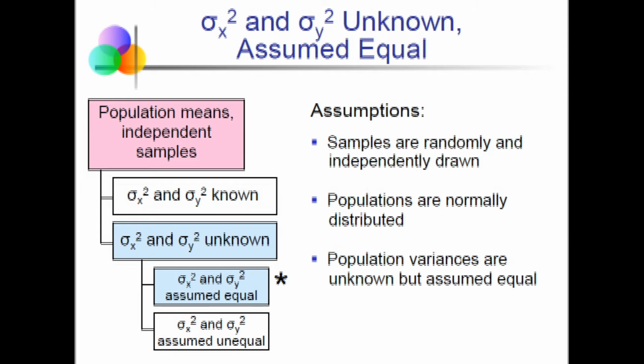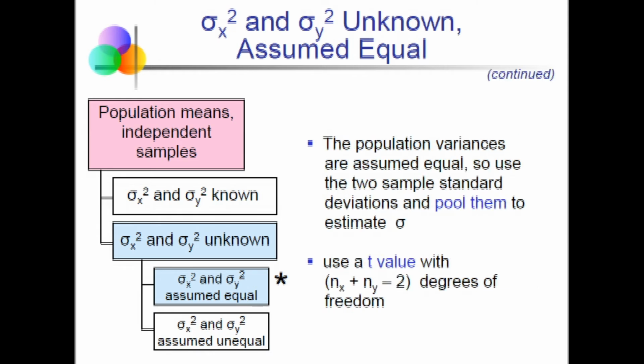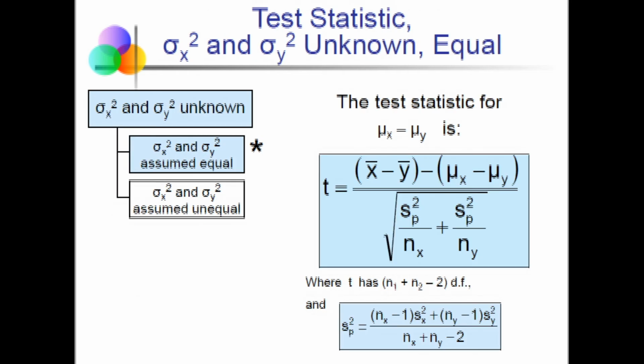So if the variances are equal, we use the pooled variance, and we use the t-value with degrees of freedom nx plus ny minus 2. That is the test statistic, and the Sp there is the pooled variance, and that is the degrees of freedom, where n1 is simply nx and n2 is ny.